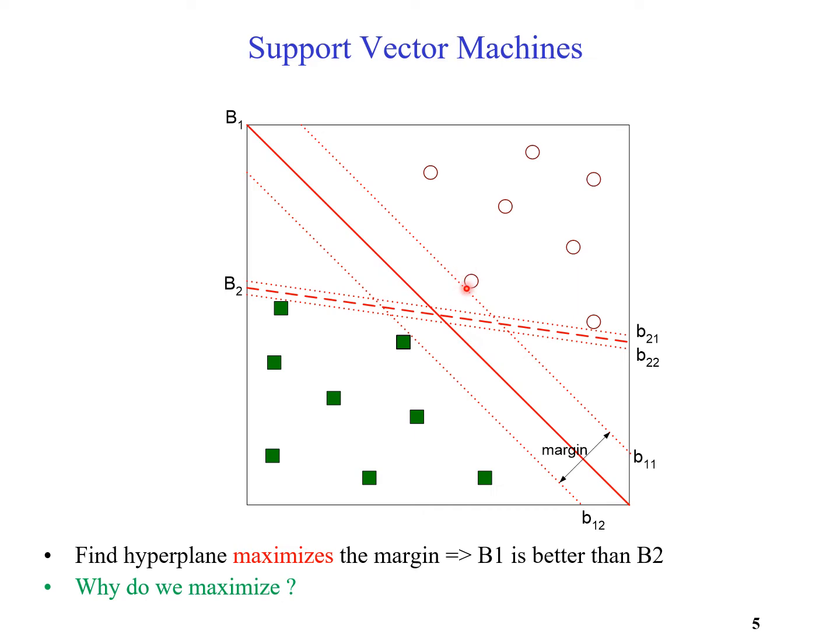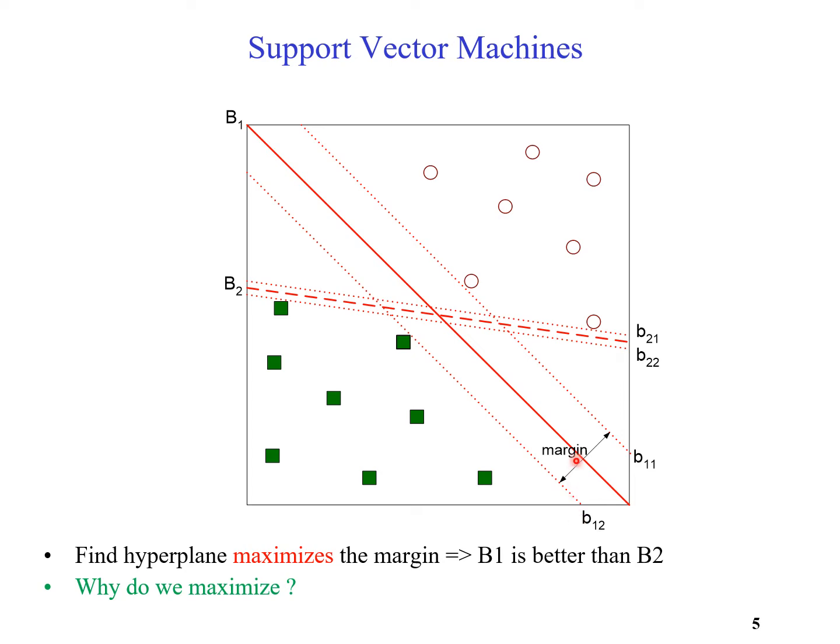This data here is the edge of these class values, and it's also closest to this line. And this data is also closest to this line, and is also the edge of these class values. So for a given line, we can draw two parallel lines like this.